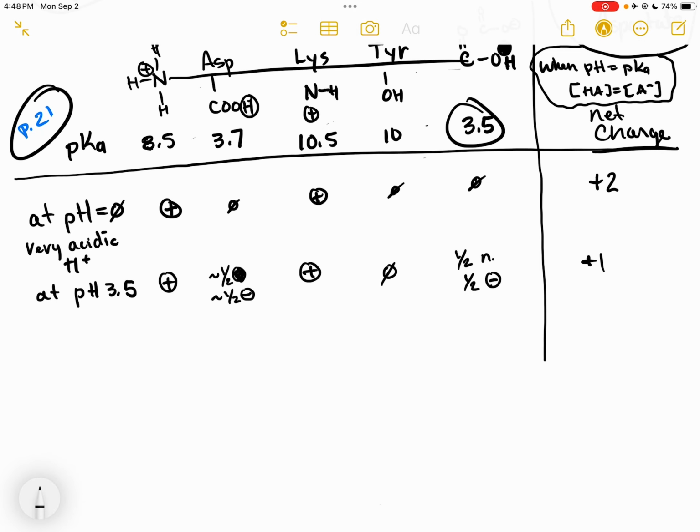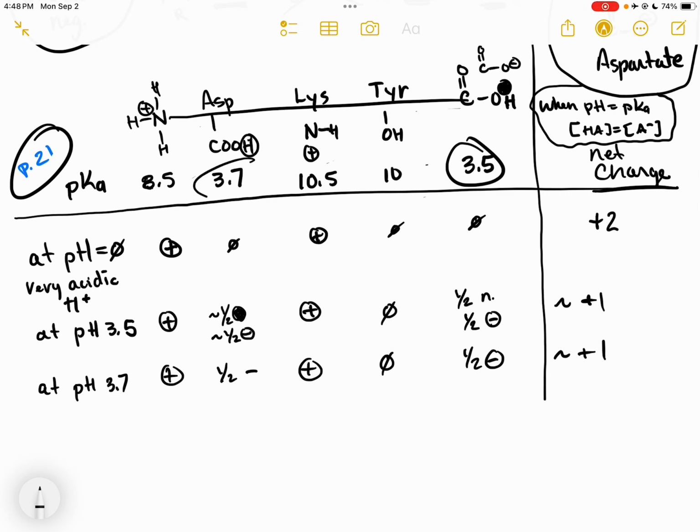Oh boy. What if we go to pH 3.7? We're going to have pretty much the same thing, half negative. So we're still going to have about a +1.